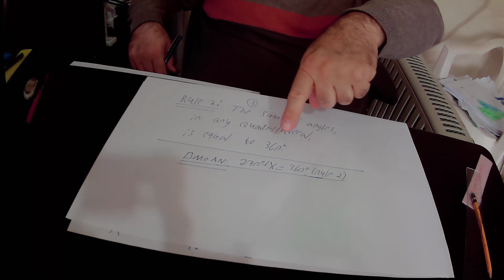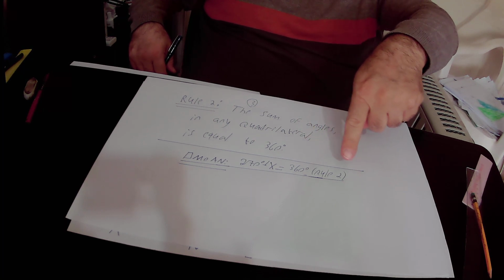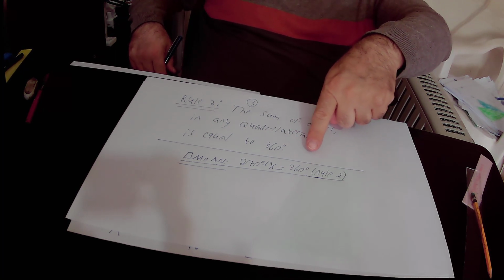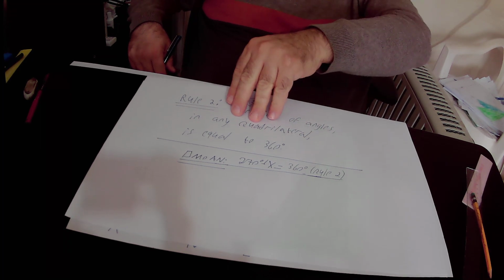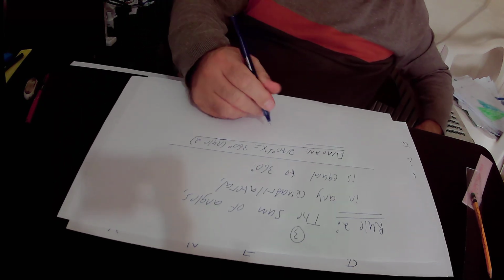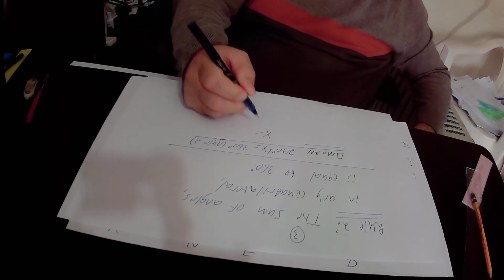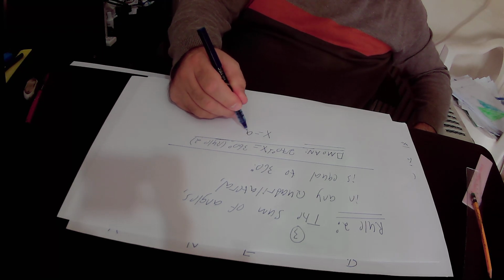In total, those 4 angles must be equal to 360 degrees. Here we will subtract 270 degrees from this equality, and we will get that angle X equals 360 degrees minus 270 degrees, which equals 90 degrees.